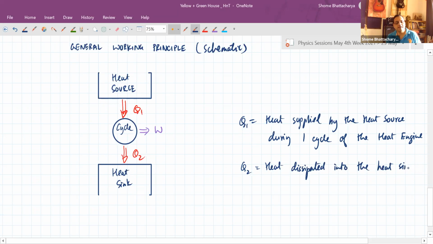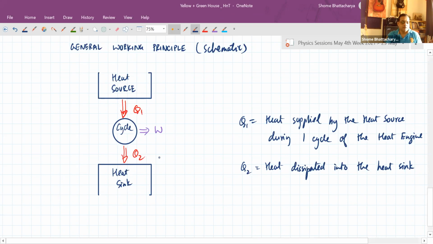So in any practical process, this dissipation of energy is inevitable. We cannot design an engine in which all the heat that we are supplying from the source will be converted into 100% work. Some part of it will unfortunately always get dissipated. For example, in the case of the internal combustion engine, it is the heat coming out of the exhaust gases, which is the process of the heat sink.